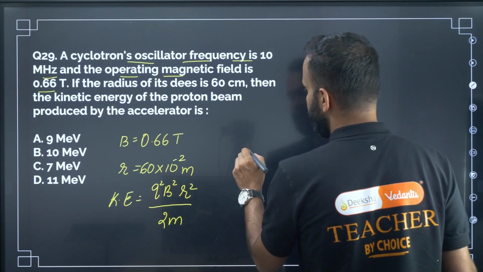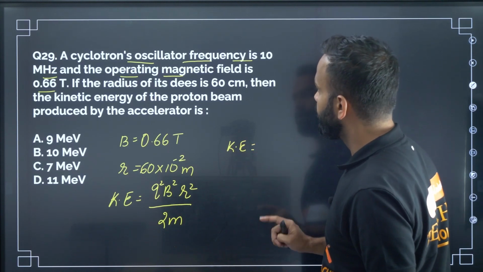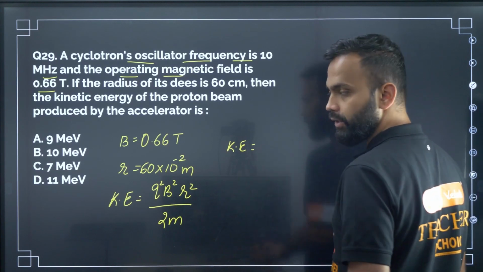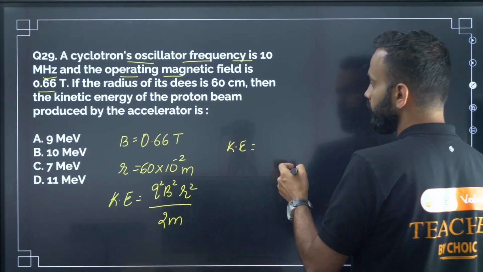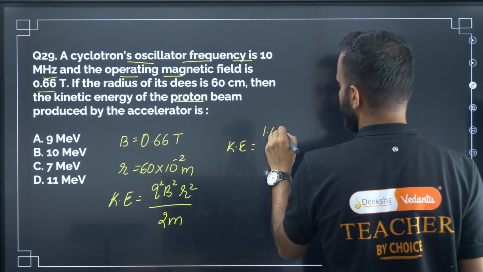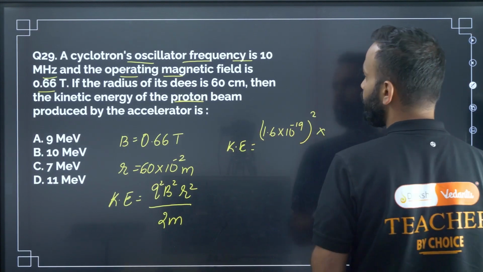Now kinetic energy is equal to... what is the charge of the charged particle? Here the charge is 1.6 into 10 to the power minus 19 coulomb, that is the charge of the proton. So 1.6 into 10 to the power minus 19 coulomb squared, q square, into B square.